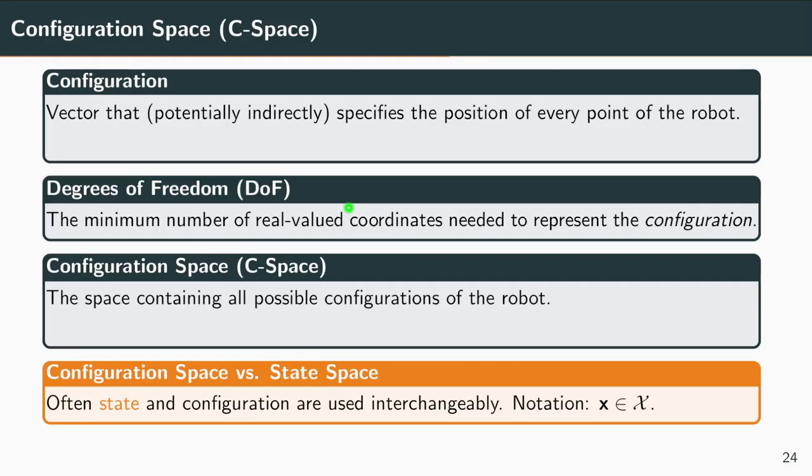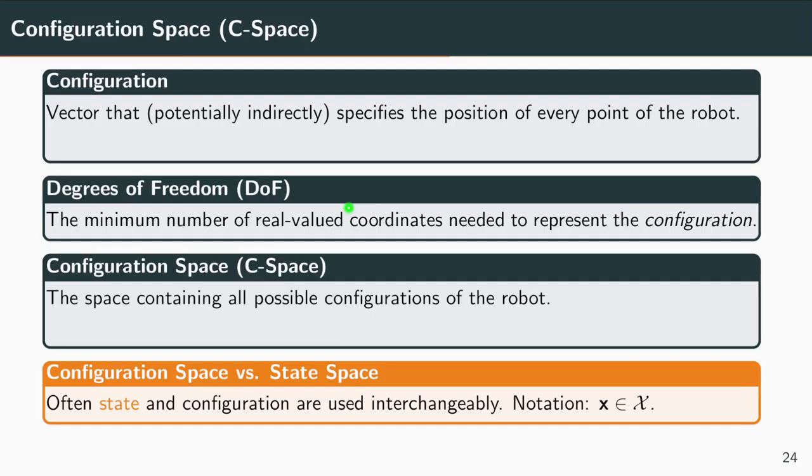So the configuration is some sort of vector that just specifies either directly or indirectly exactly where every point of the robot is in space. We will see some examples later on. Then degrees of freedom is actually just the minimum number, or the minimum dimension, that you need to encode the configuration.